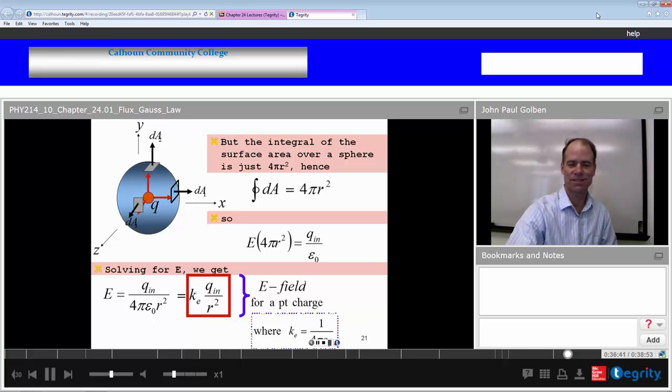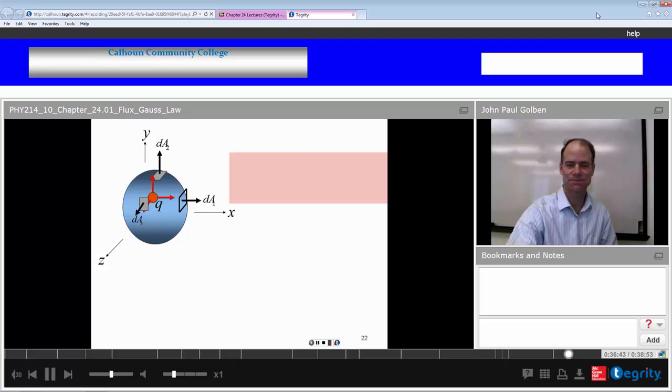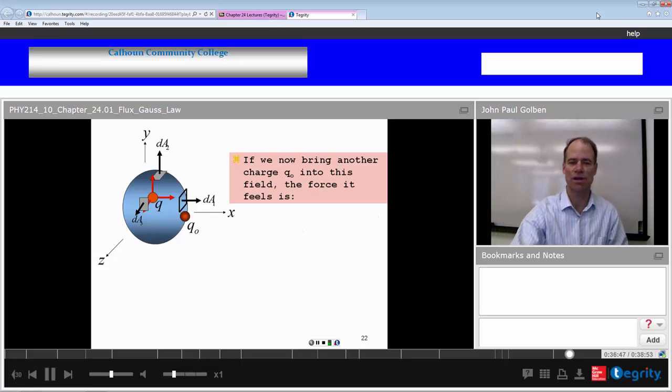Pretty good. Now if I bring in a second charge and put it on the surface of this sphere, it's going to feel a force on it. It's going to feel a force equal to its charge times the field that exists there.